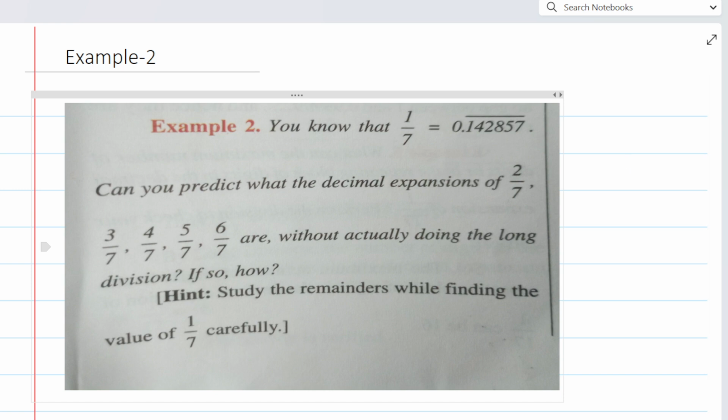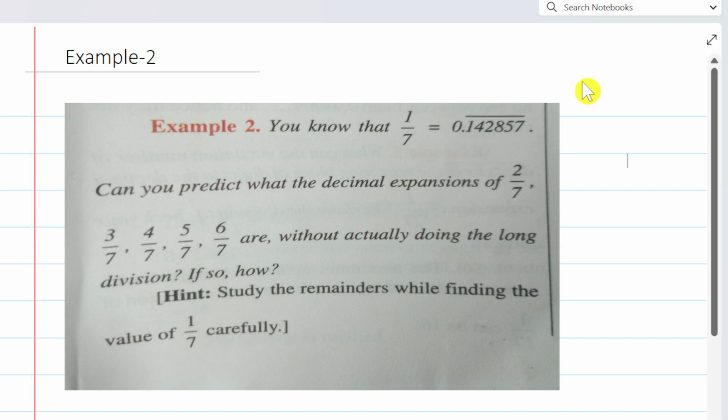So this is a rational number, and the decimal expansion is what? Is it terminating or non-terminating? This is obviously non-terminating. That's why the bar is here. So what you have to find? 1 by 7 is given this value.